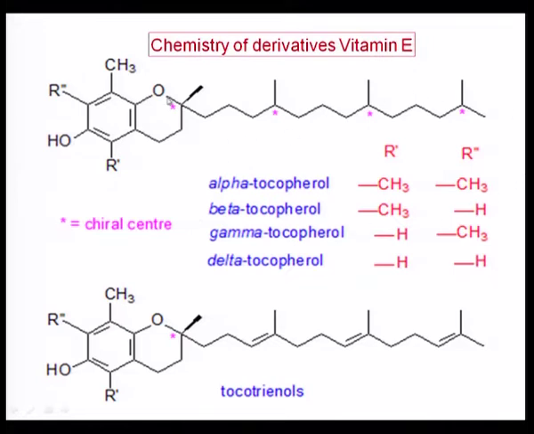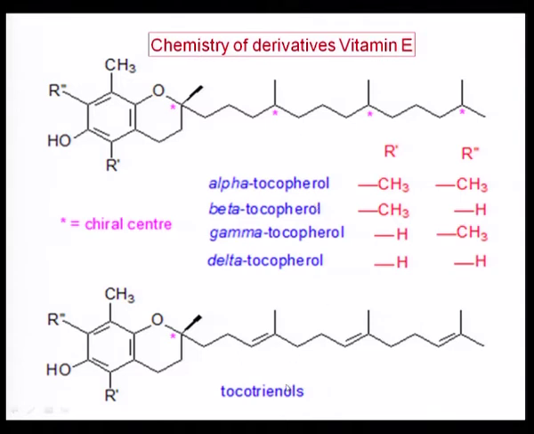Between tocotrienol and tocopherol, if you ask which one is very active, tocopherols are supposed to be very active, and even if tocotrienol is fed as a source of vitamin E, our body is capable of converting it. Not only our body, most mammalian living systems are capable of converting tocotrienol into tocopherol, and the prototype, the active form of vitamin E, is alpha tocopherol.